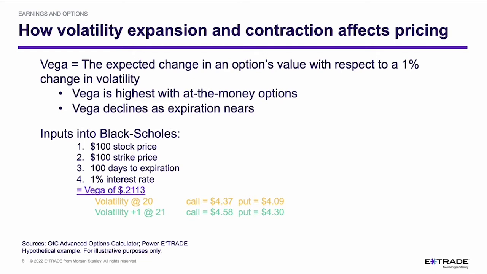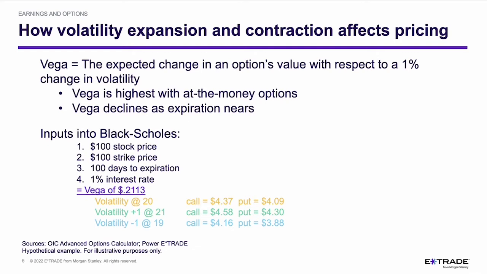And the put price also increased from $4.09 to $4.30. So an expansion of volatility is going to make an option more valuable. A contraction of volatility is going to make an option less valuable. So if we go from a 20 down to a vol of 19, the call is valued at $4.16 and the put is valued at $3.88.